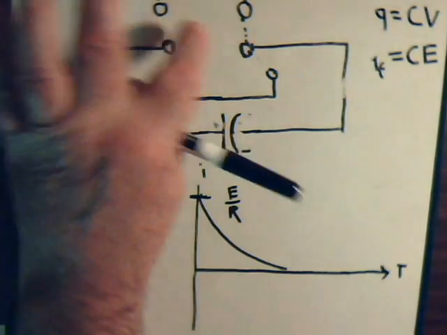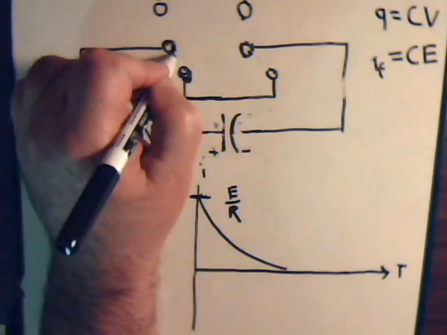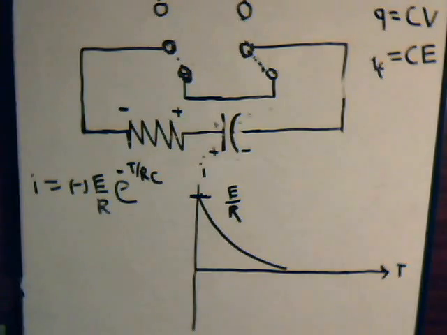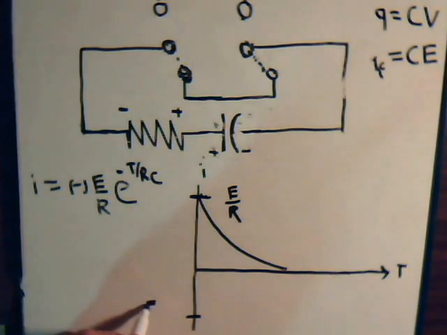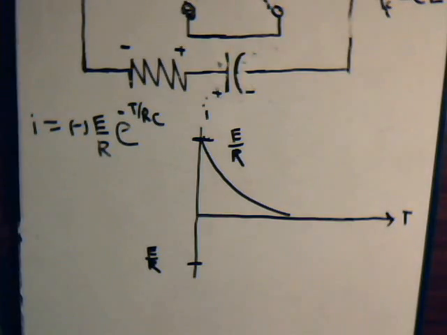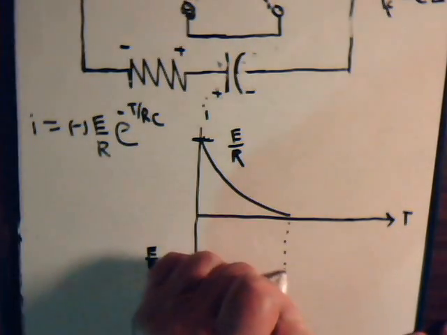Now we go to here, catch it like this, and now there's going to be a discharge current, initially a value E over R. So it's down here, minus E over R. It's going in the opposite direction. So the discharge current starts like this, and then it too goes to 0. So it's going to look something like this.